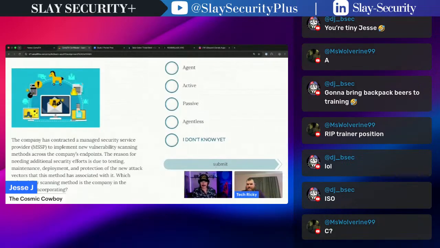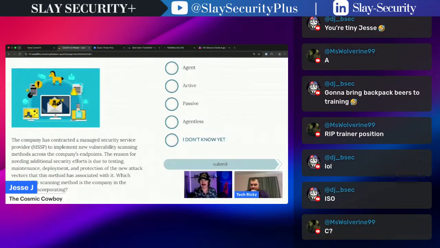I'll give you a book one. The company has contracted a managed security service provider, or MSSP, to implement new vulnerability scanning methods across the company's endpoints. The reason for needing additional security efforts is due to testing, maintenance, deployment, and protection of the new attack vectors that this method is associated with.